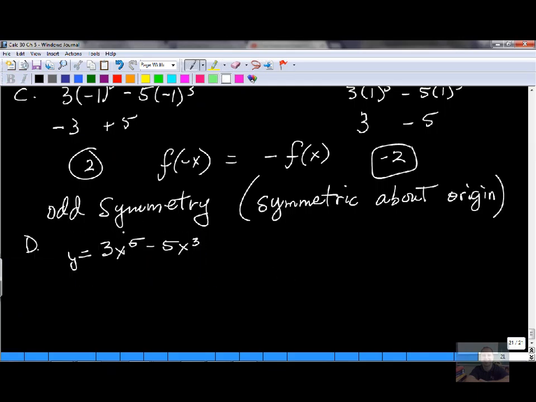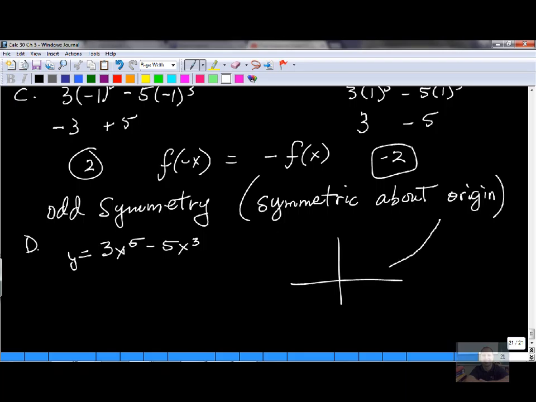If x is a billion, we have a billion to the power of 5 minus a billion to the power of 3. The larger we get, the larger that difference is going to get. There's not going to be any limit at all, and it's just going to keep getting larger and larger as x approaches infinity.